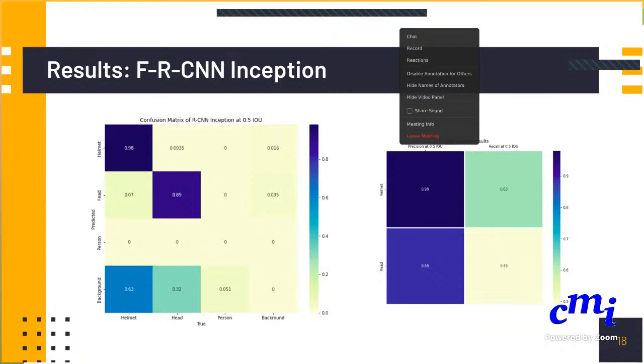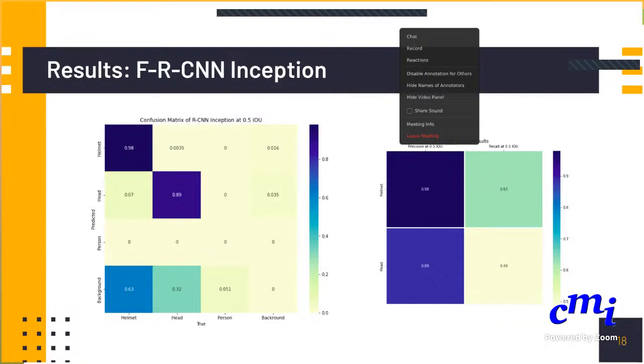So even after doing 25,000, we still have some issues here. For example, in the confusion matrix, helmet goes into background, and sometimes head also goes into the background. And the accuracy for person is really low, almost negligible.